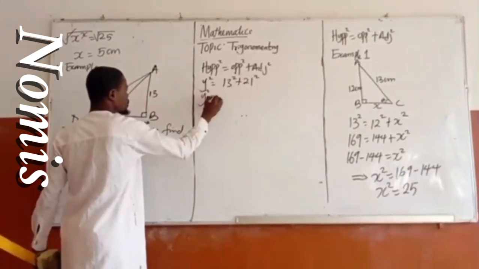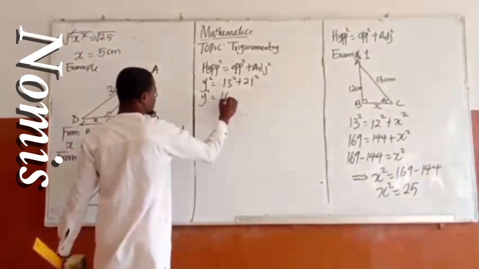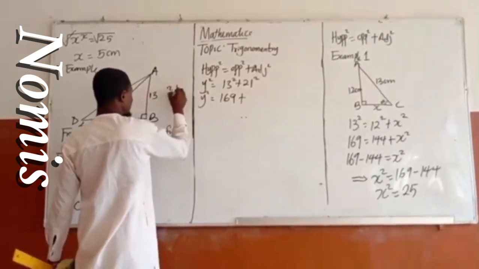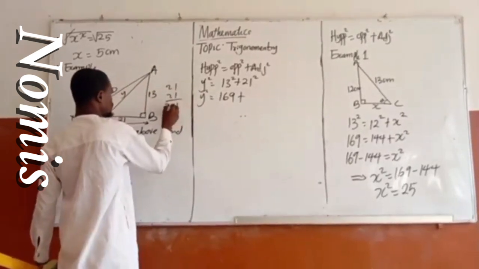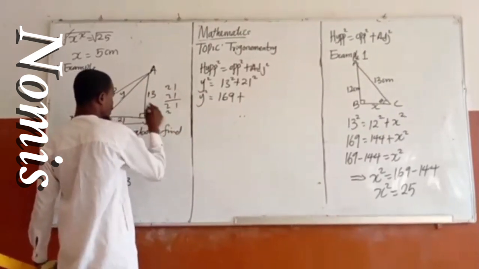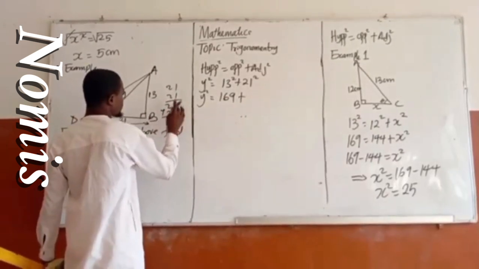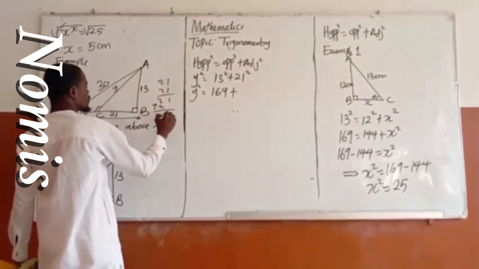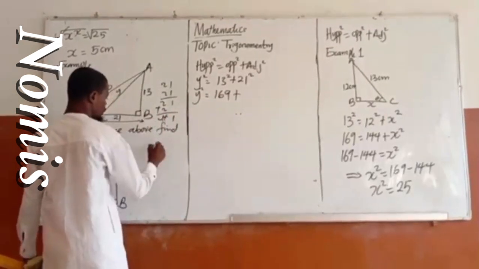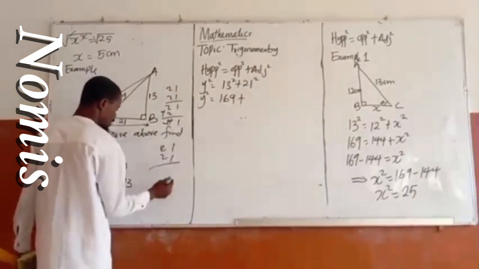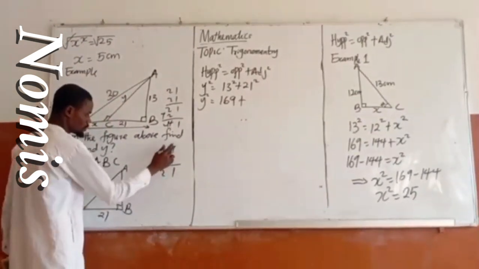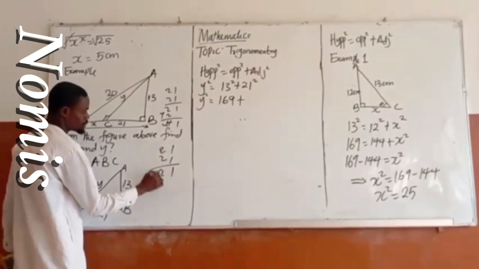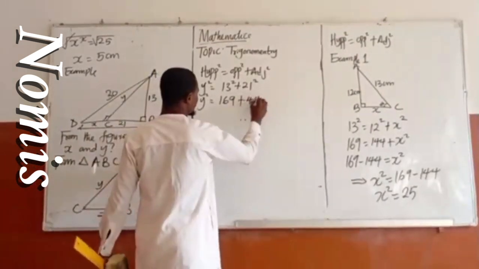So y squared is equal to 13 times 13, which is 169, plus 21 times 21, which is 441.